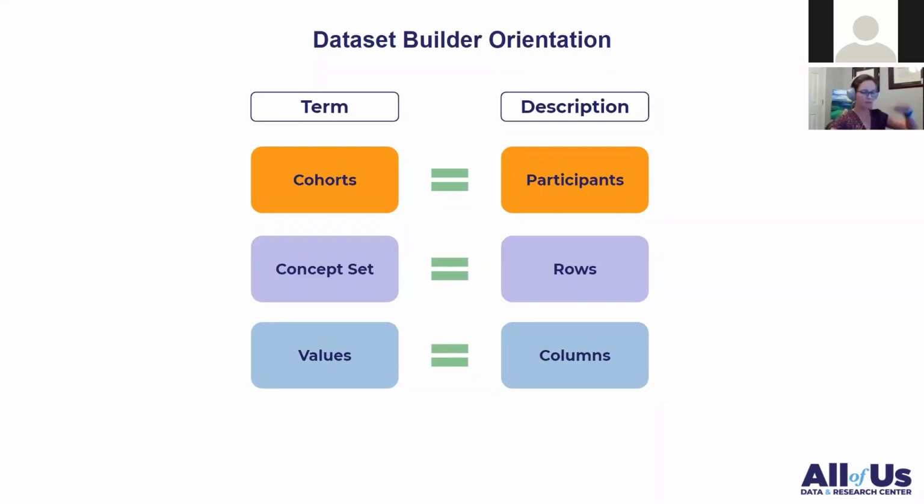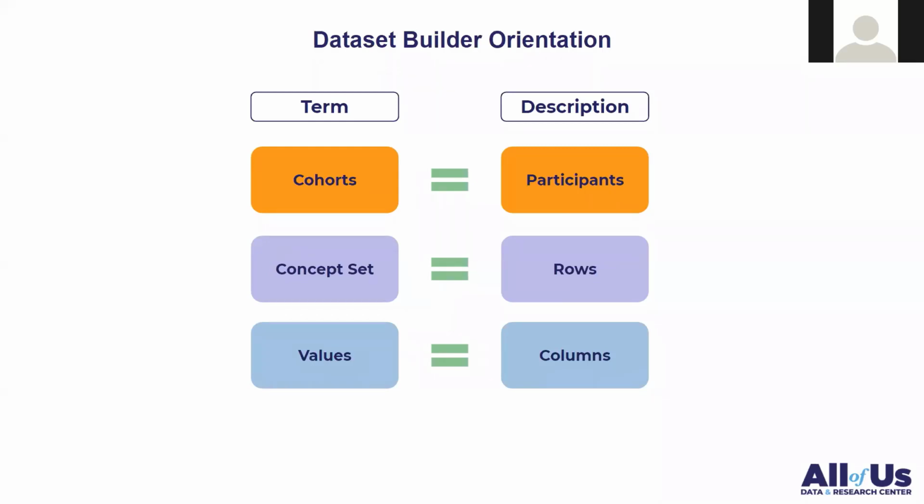Out of all of the hundreds of thousands of participants within the current research data set, you can choose, using our cohort building tool, to select a subset of participants for analysis. These participants have a very rich wealth of health information in our current data set. We use the term concepts to describe this health information.